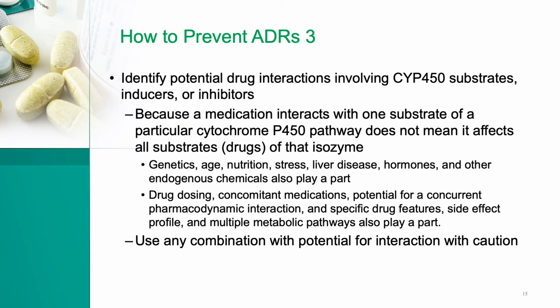Additional influences include drug dosing, including the dose, timing, sequence, route, duration, concomitant medications, potential for a concurrent pharmacodynamic interaction, and specific drug features such as a narrow therapeutic index, the side effect profile, and multiple metabolic pathways.